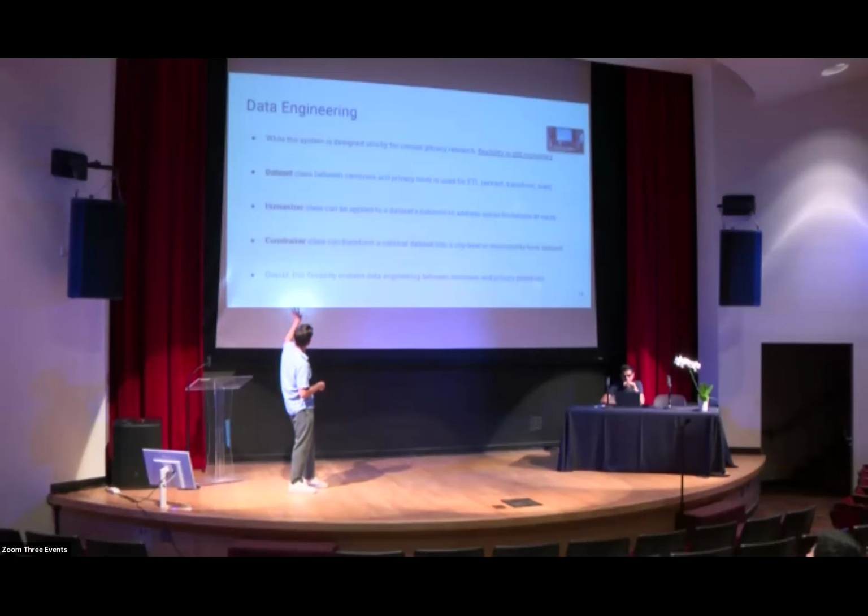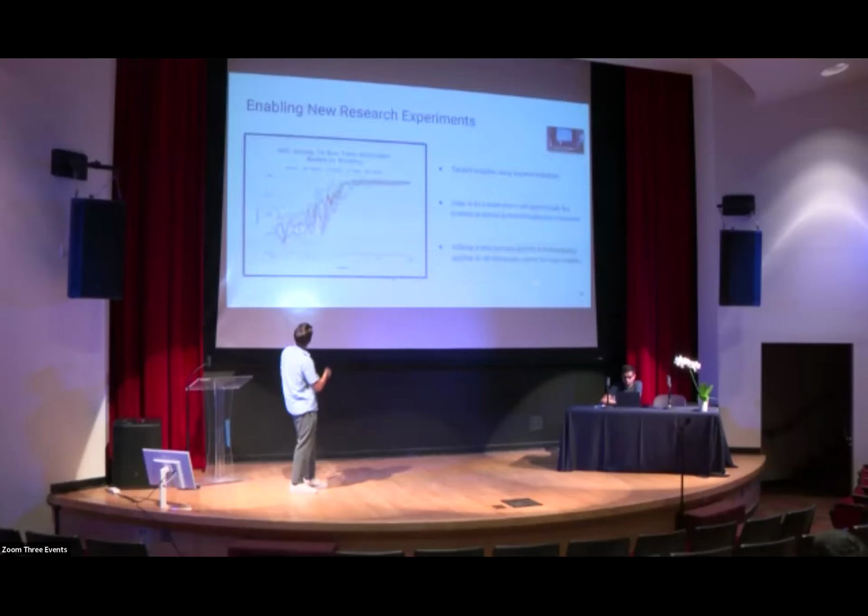And other objects here ultimately made this usable for the particular use case of applying these privacy tools, evaluating their privacy utility trade-offs to the census data. But ultimately, this was quite a bit of systems engineering that we did here.